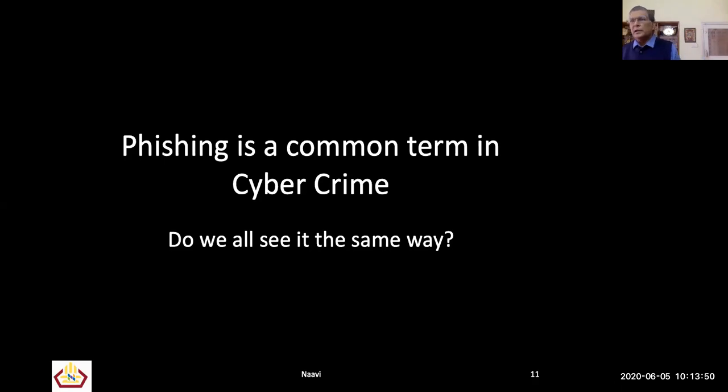Recently, the appellate tribunal called TDSAT gave its judgment. Now it is with the High Court. In this particular argument, I tried to convince the court that phishing is often misunderstood.